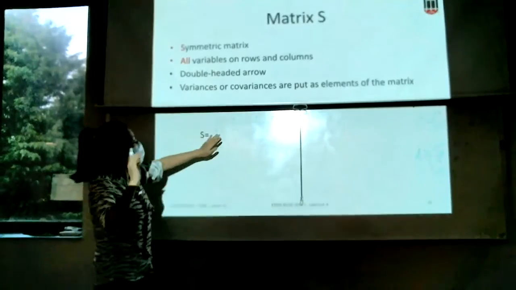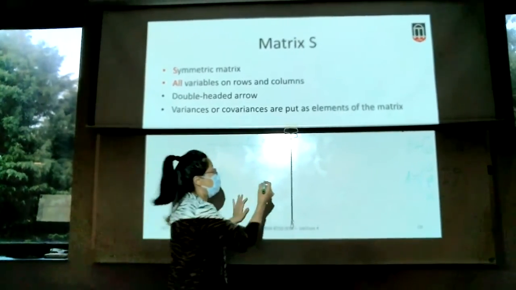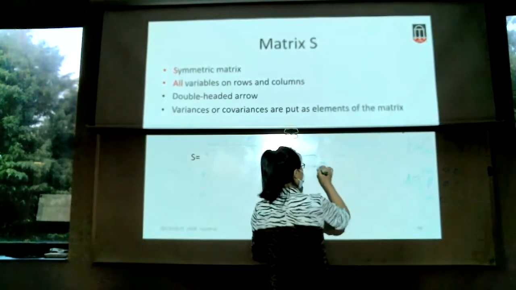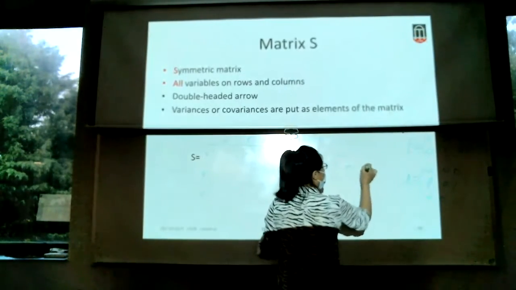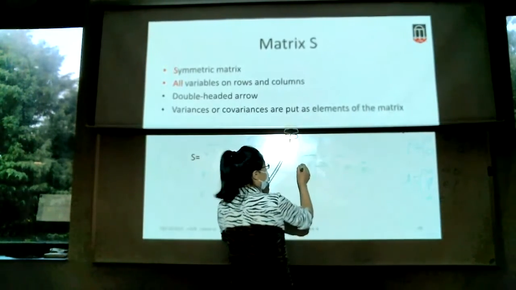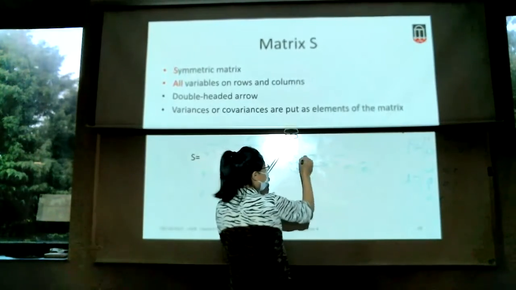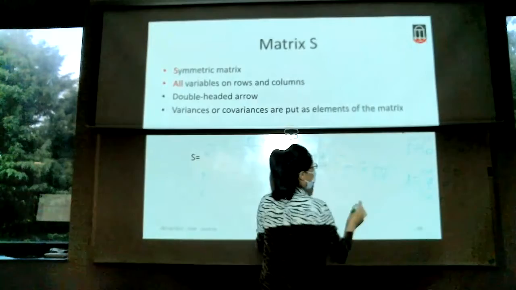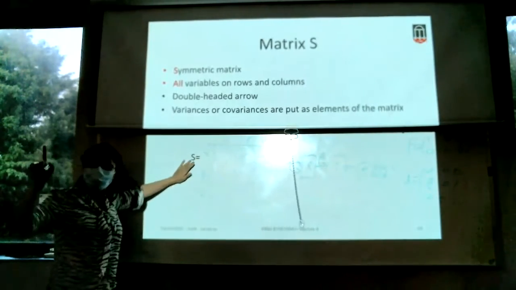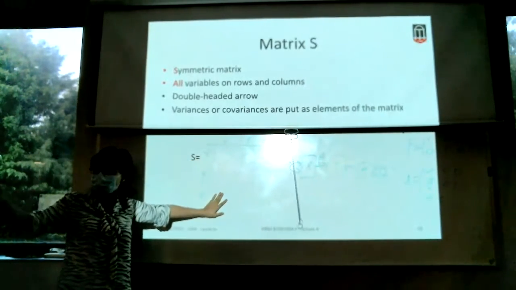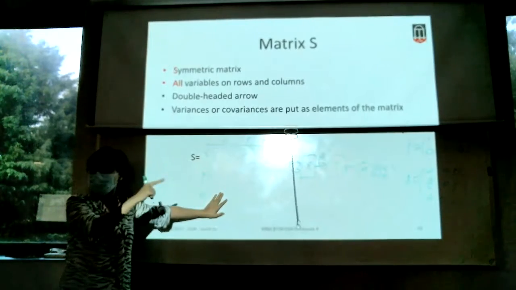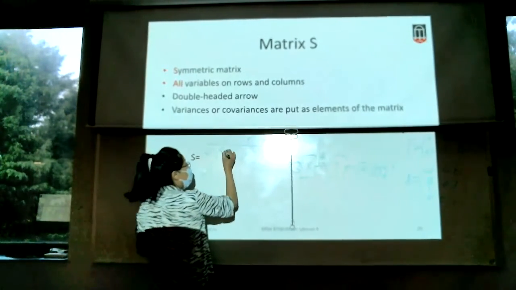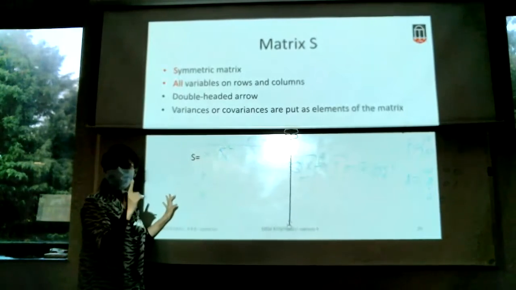Now, from X to X, is there any double-headed arrow? Yes. What is the variance? Sigma x squared. That's it.